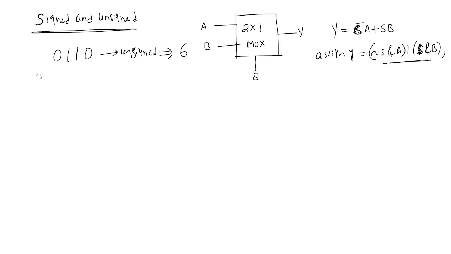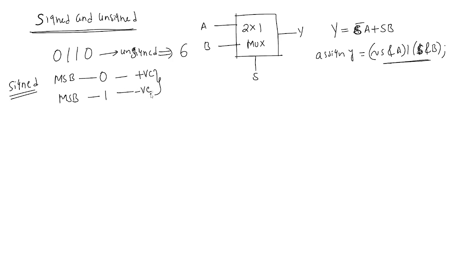Signed numbers, as you already studied in digital: which bit will decide the sign of a number? The MSB. If the MSB is 0, the given number is positive, and if the MSB is 1, the given number is negative.